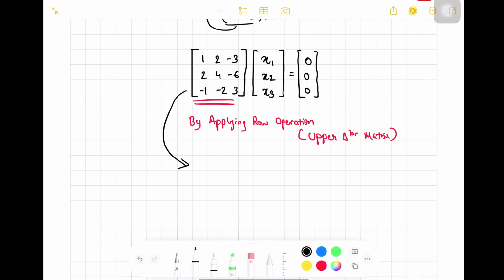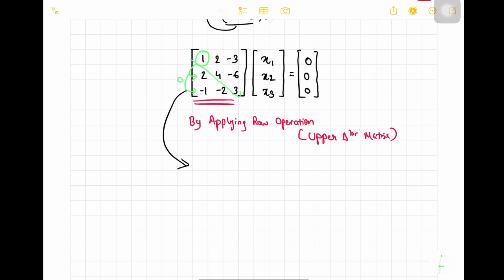To convert this matrix into an upper triangular matrix, the first step we need to do is to make this element 1. And by making this element 1, we make these two elements 0. Similarly, we'll apply row operations and make this an upper triangular matrix. So we will try this. In this matrix, our first element is already 1.